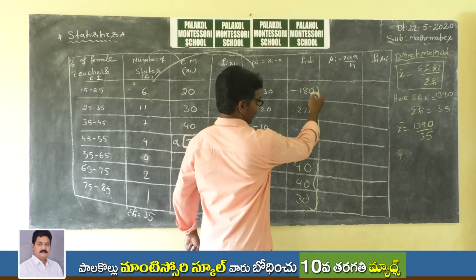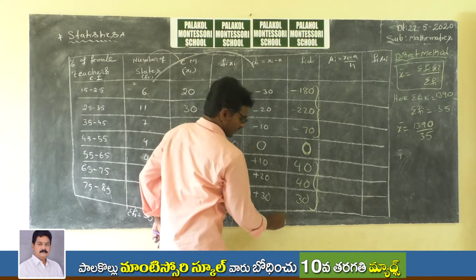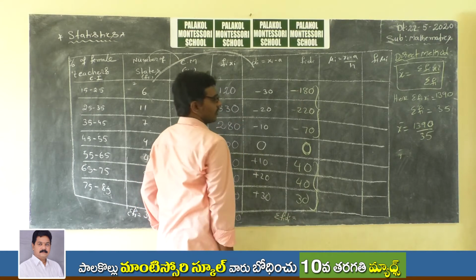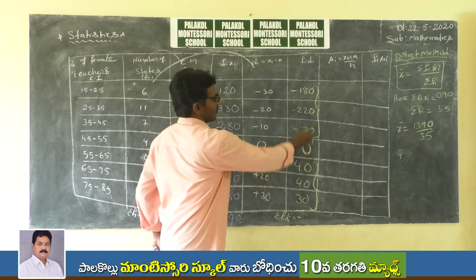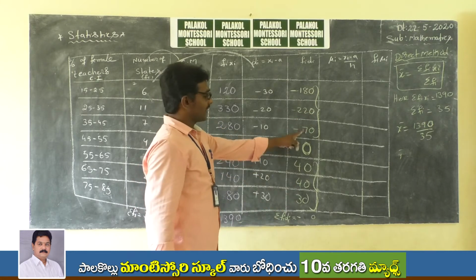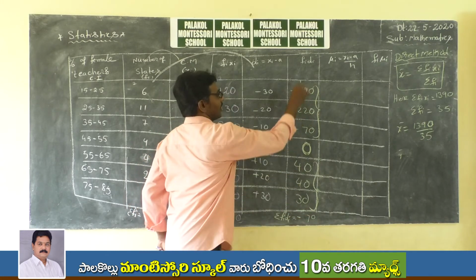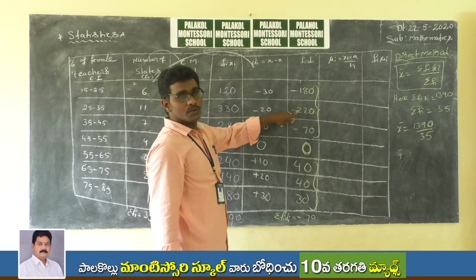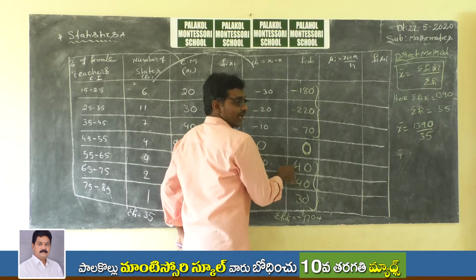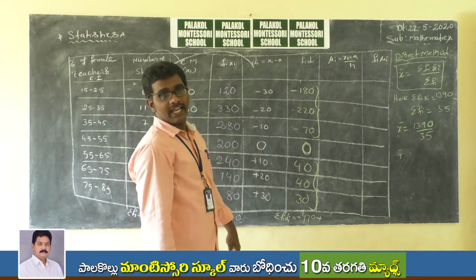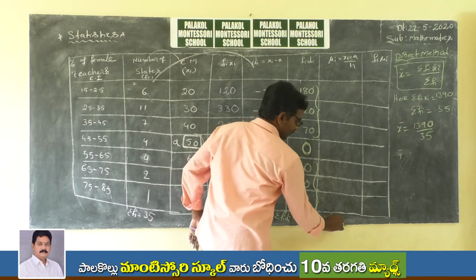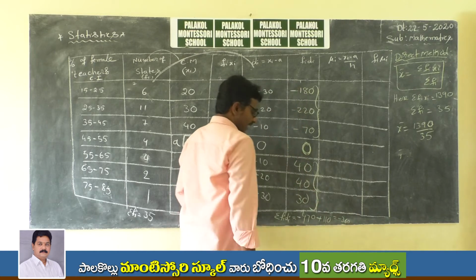So, sigma f_i d_i is equal to minus: 180 plus 220 is 400, 400 plus 70 is 470. Then add the positive ones: 40 plus 40 is 80, 80 plus 30 is 110. On simplification we get minus 360.